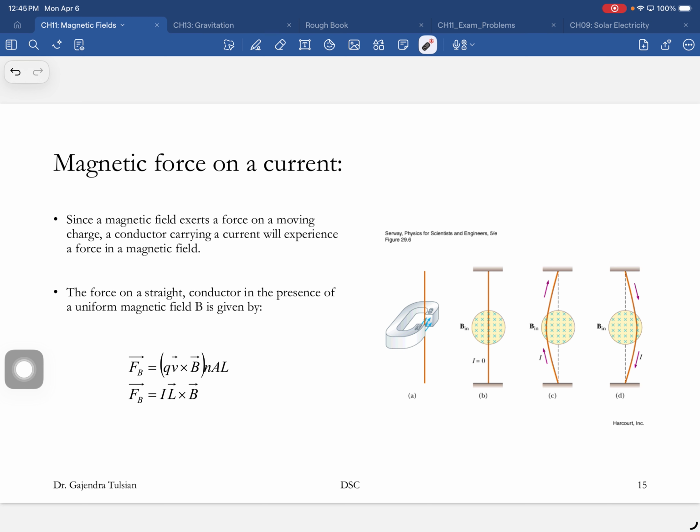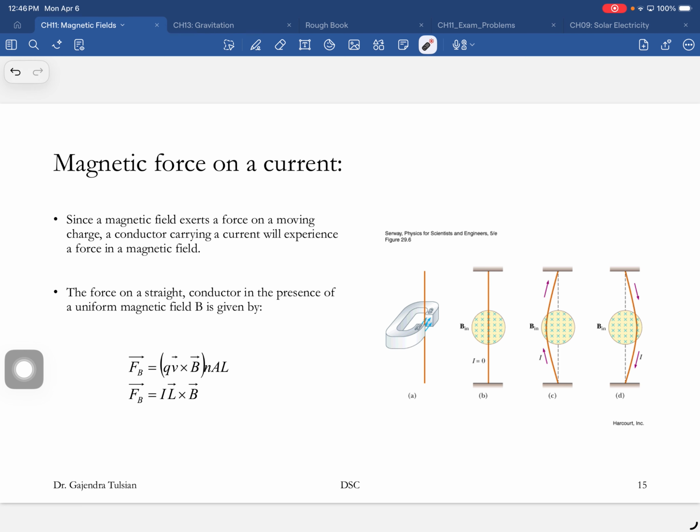All right, let's make sure we understand the direction. If the current is moving in this direction, you can think of it as positive charges moving like that, and the magnetic field is into the sheet of the paper. When you turn the velocity vector into the magnetic field, the force will be in this direction.